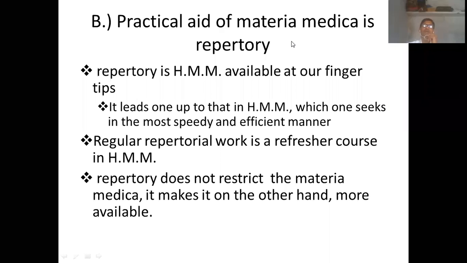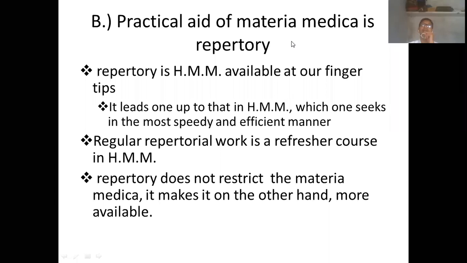But if you are constantly in touch with those drugs through regular repertorial work, then whenever you come to repertorize that specific rubric, you will just remember that yes, these are for it. There are just so many drugs. Calcarea carb is there, lycopodium is there, graphites is there, argentum nitricum is there.